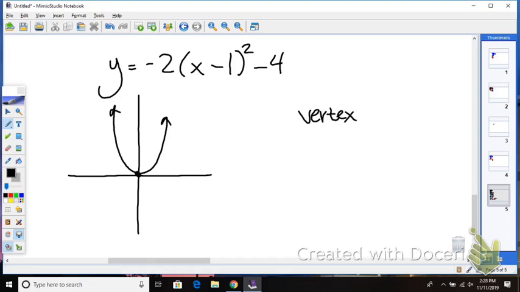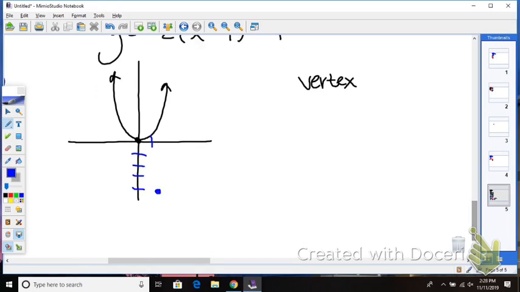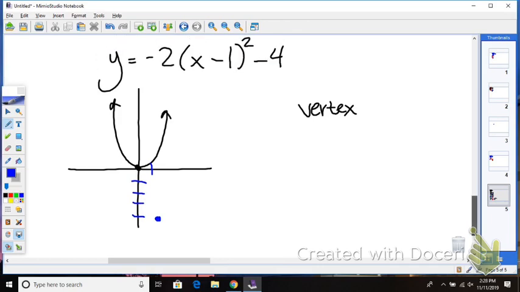What does our shift tell us to do here? Right 1 and down 4. So for my new graph, I'm going to go right 1 and down 4.